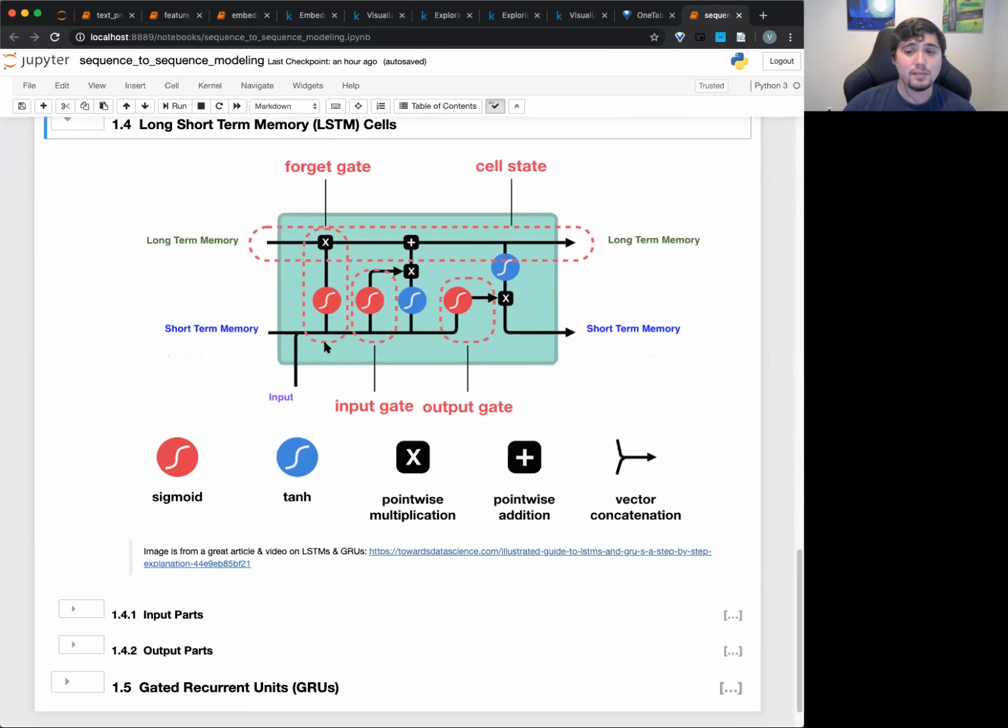But the idea here is we still have a hidden state. We have the input. And this hidden state right here is actually broken into two parts, the long-term memory and short-term memory. So we split up this memory that we've been passing through recurrent neural networks into two parts. We do certain operations, interacting it with the input, to keep this long-term memory and also what recently happened.